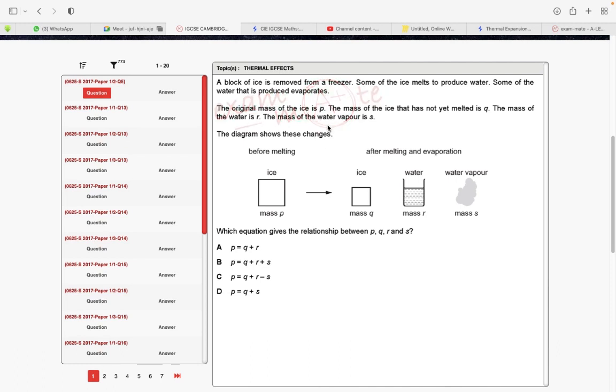So P is equal to Q plus R plus S. That's why this answer is B.